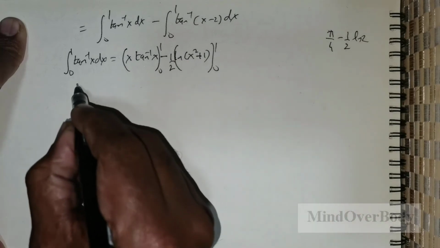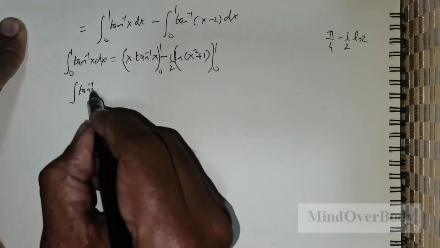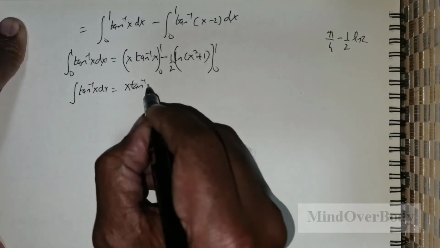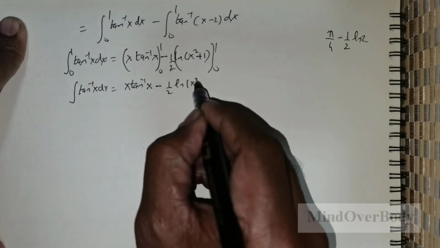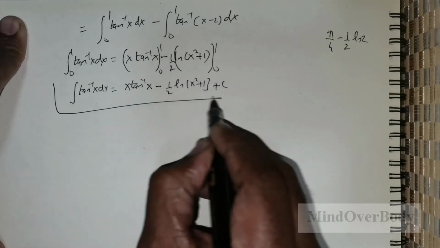Now we would be using this formula. Remember that the integral of tan inverse of x dx is x times tan inverse of x minus 1 over 2 times ln of x squared plus 1. Of course, if you don't have limits, you have to place the arbitrary constant c.